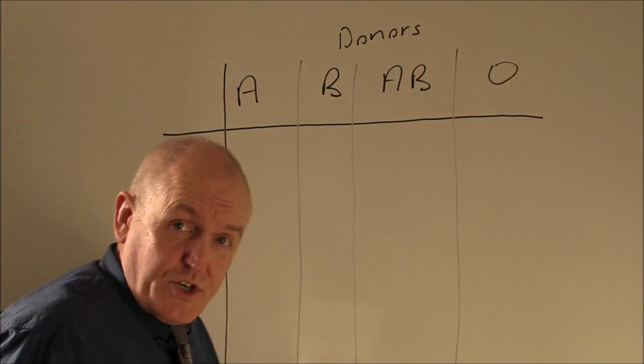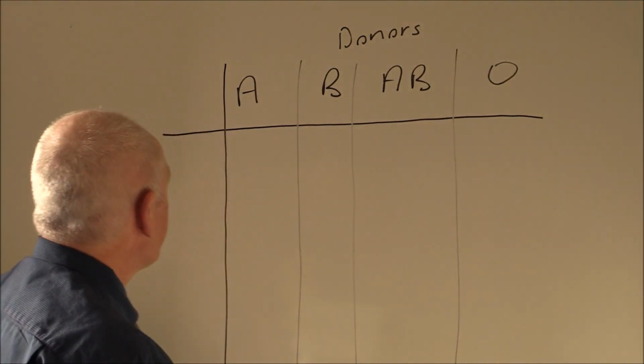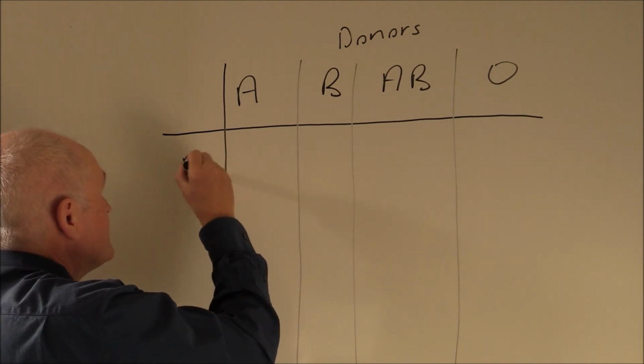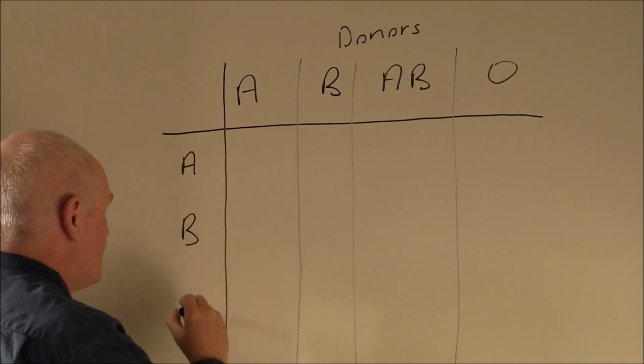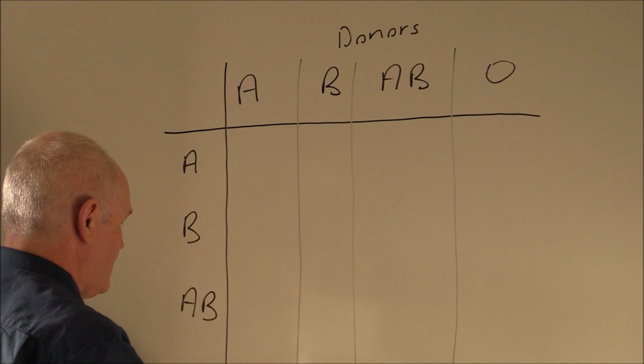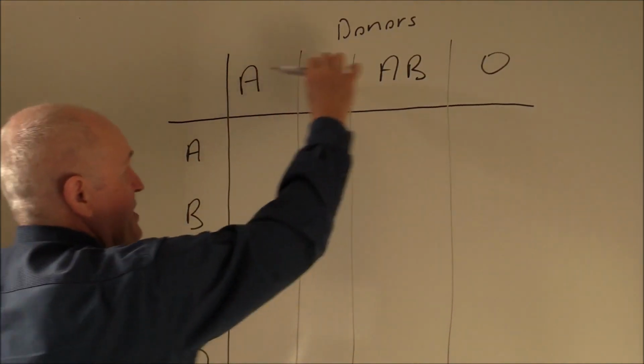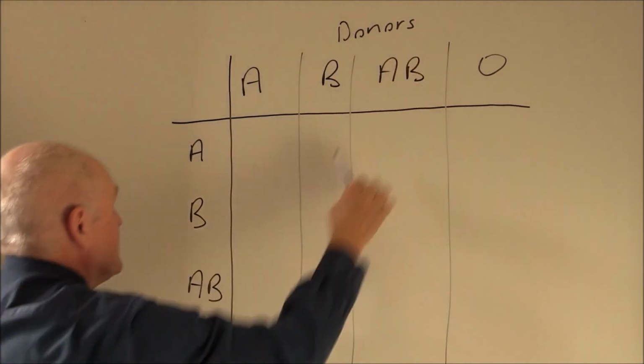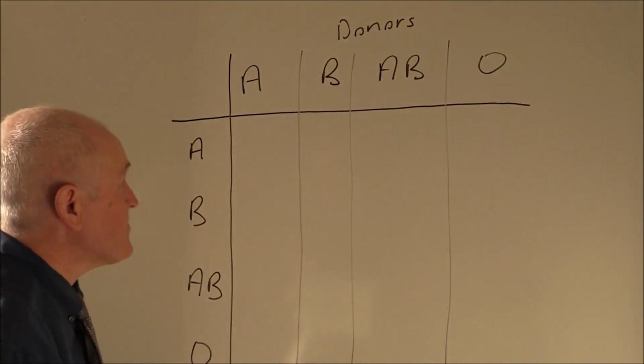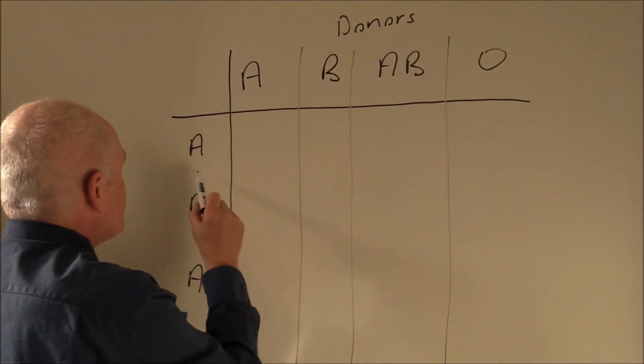And of course, just thinking about the ABO system, the recipients are going to be A, B, AB or O. So we want these people to give blood to these ones. Now, how might this work?